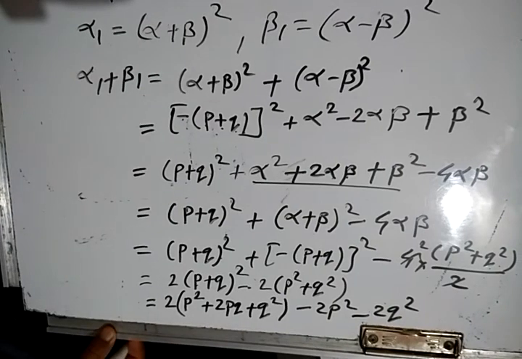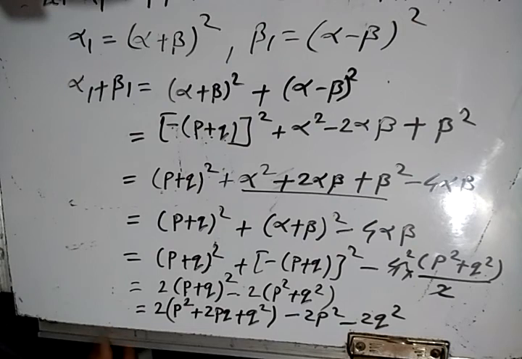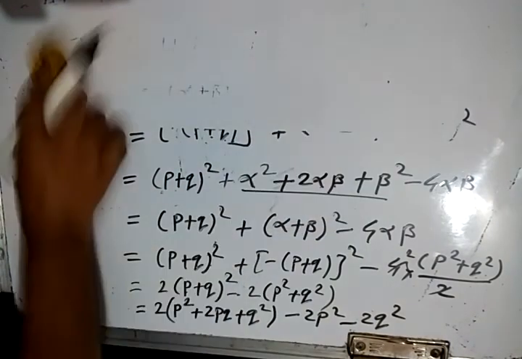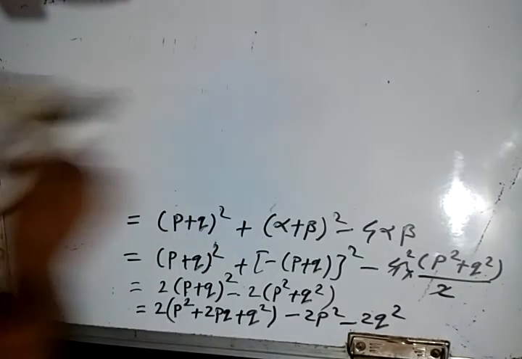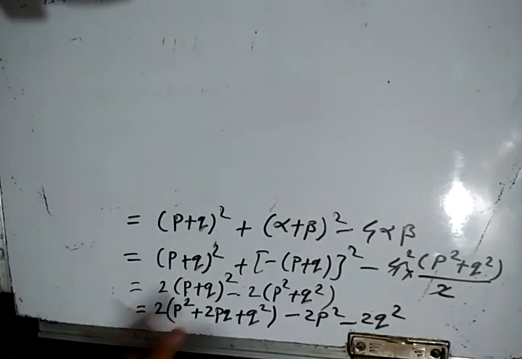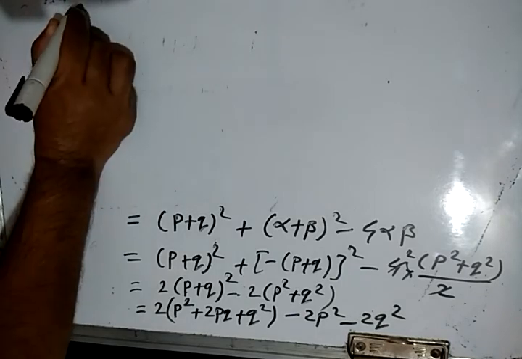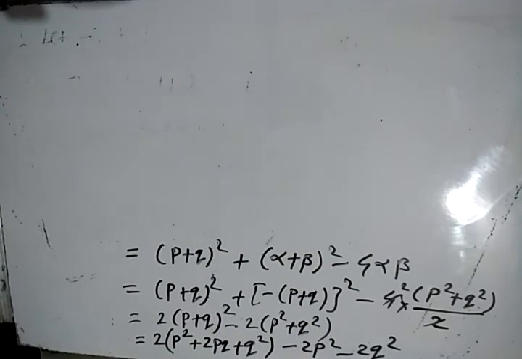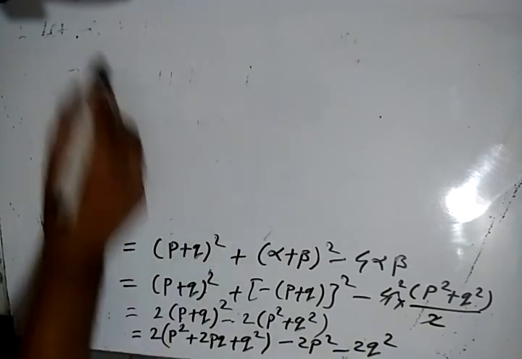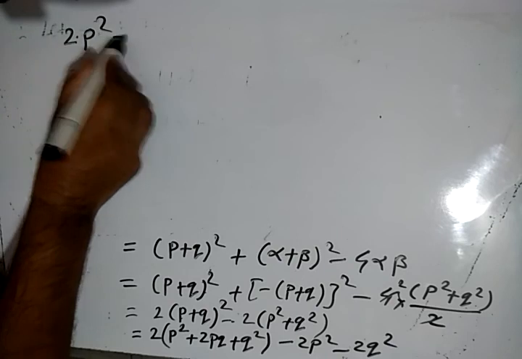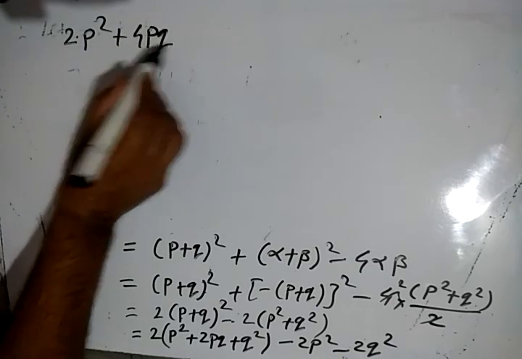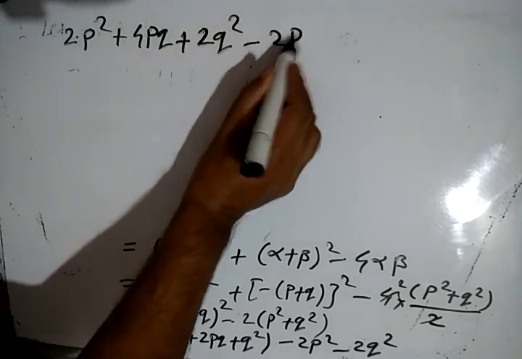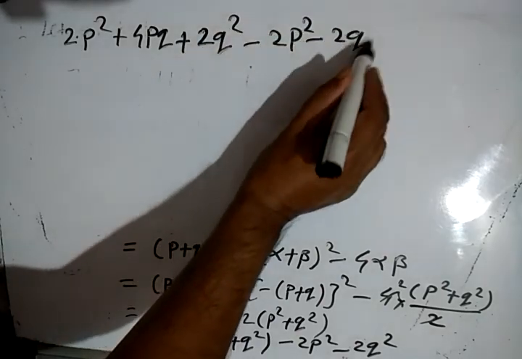After that, multiply with the 2. Here after multiplying, what do we get? We get 2p square plus 4pq plus 2q square minus 2p square minus 2q square.